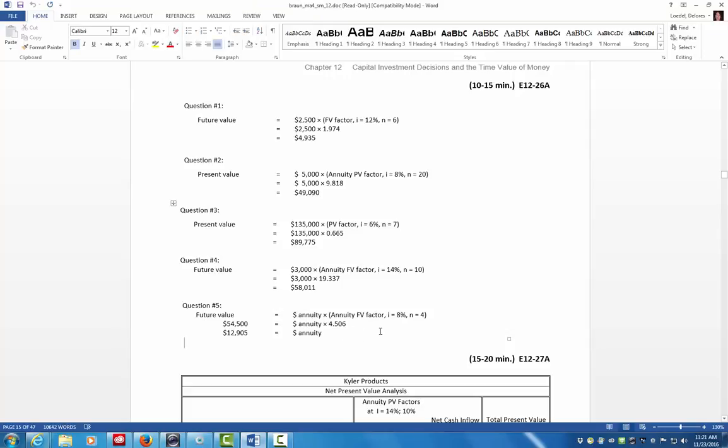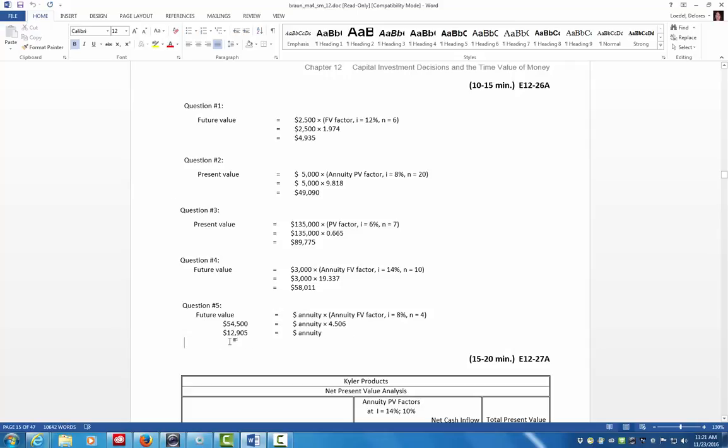So in this case we know what we want in the future. We can use our annuity future value factor of 4.506. In this case, though, we have to do a slightly different calculation. We're not just multiplying by the factor, but we're going to divide by the factor, because the future value of 54,500 equals the annuity that we can invest times the 4.506.